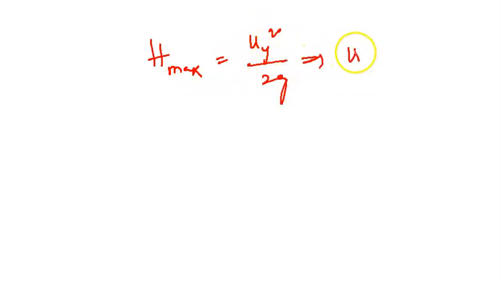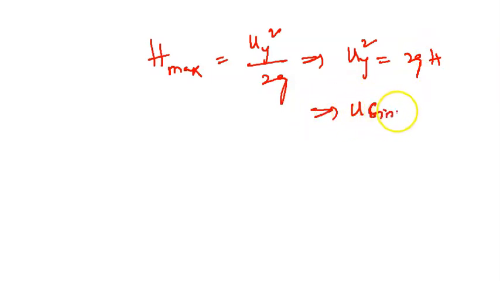So from this, uy square is equal to 2gH. Already h max is nothing but H, which is given. Therefore u sin theta, because the initial vertical component of velocity is u sin theta, is nothing but the square root of 2gH. So this is equation 1.